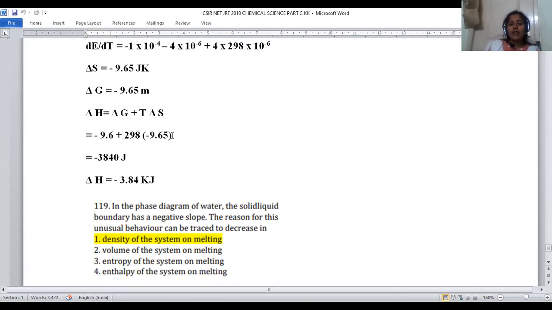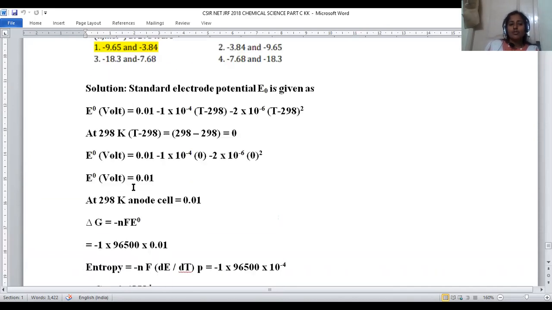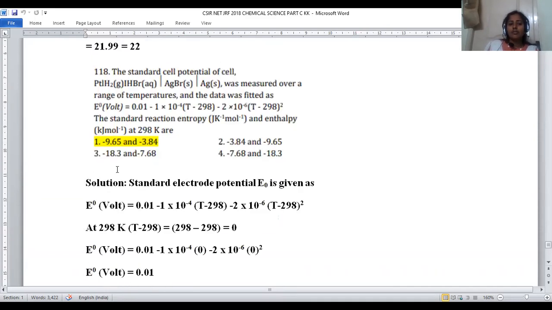When we substitute all the values, we get delta H. Delta H is given by minus 3,840 joules. It can be converted into kilojoules by dividing by 1000. Delta H is equal to minus 3.84 kilojoules, right? So for question number 118, option number 1 will be the right answer.